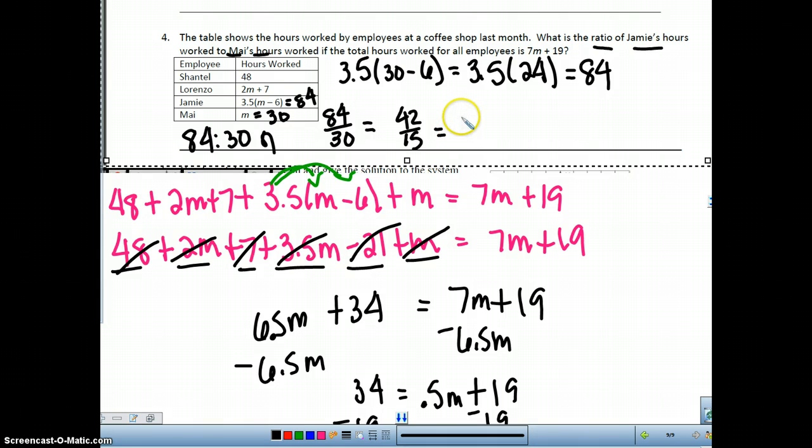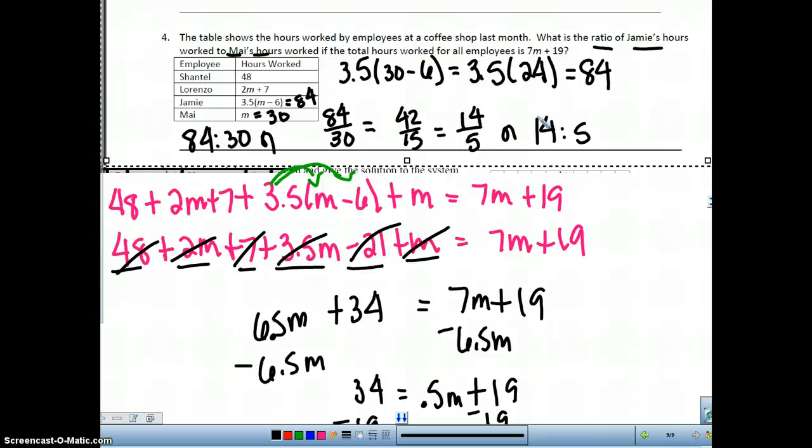And I'm left with what? 14 over 5. So our answer is either 14 over 5 or 14 to 5. So what does that mean, that ratio? For every 5 hours she worked, he worked how many? 14. Okay.